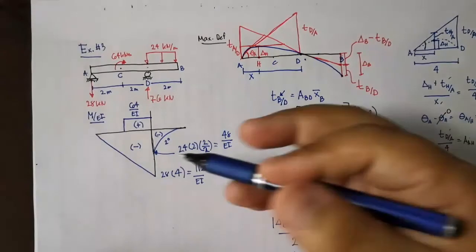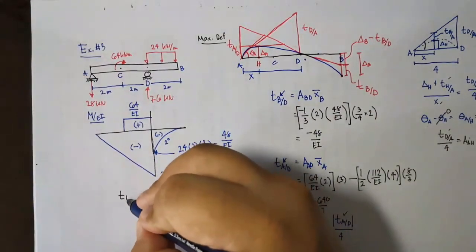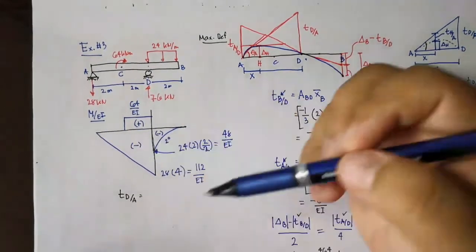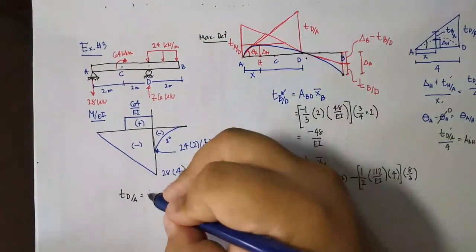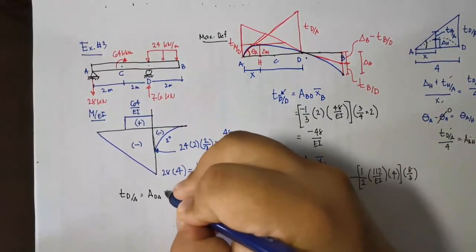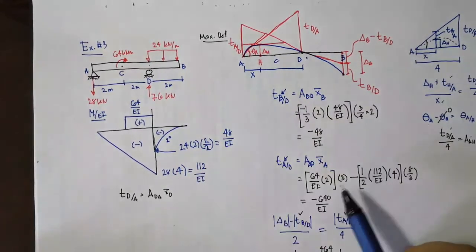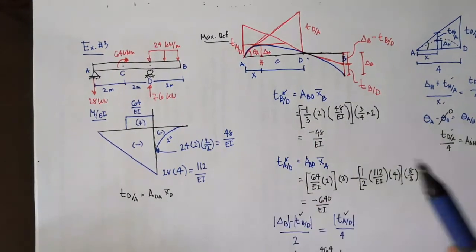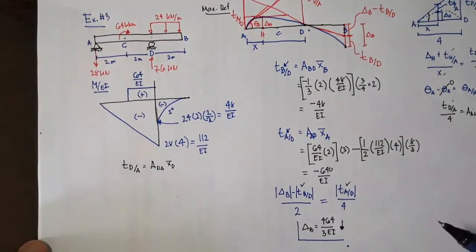So, dito ko po gagawin yan. TD with respect to A. Para mas madali kasi nakadikit dun sa M over EI diagram. So, this is area dA x bar D. So, yun yung difference niya dito, TA with respect to D compared to TD with respect to A. So, x bar D po siya.